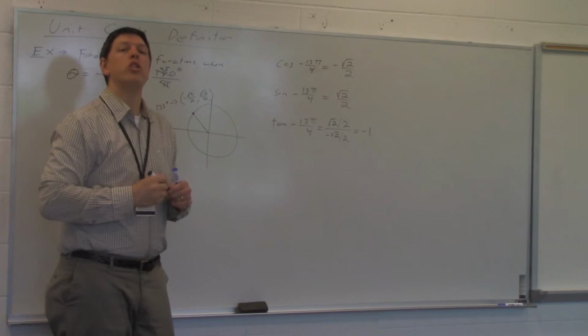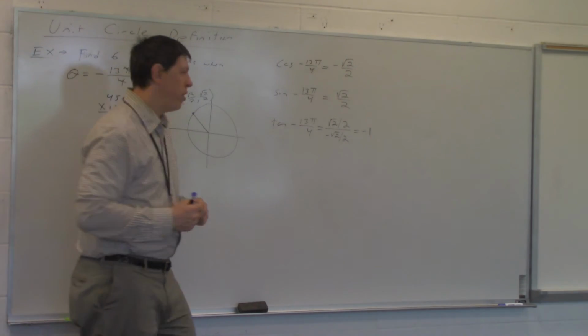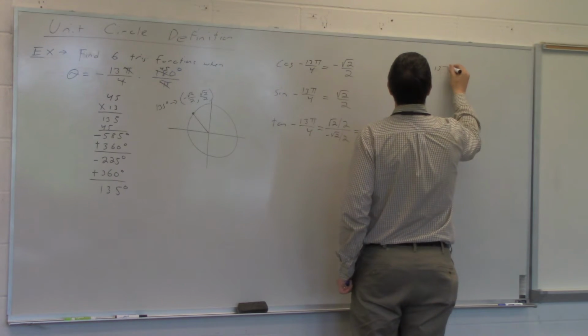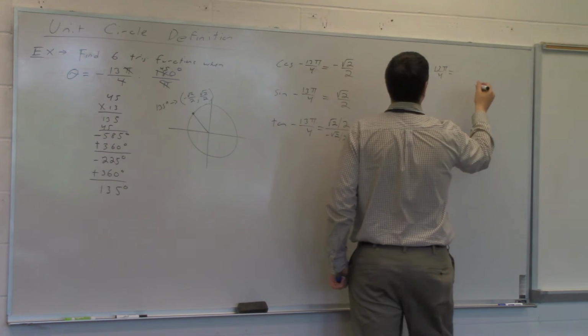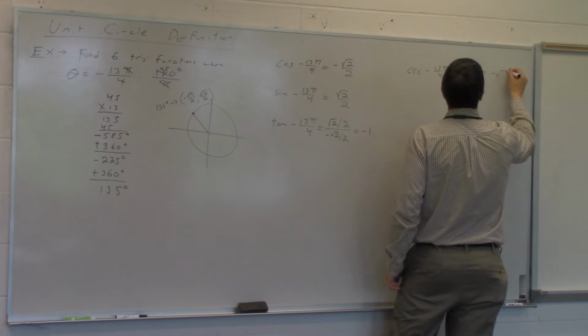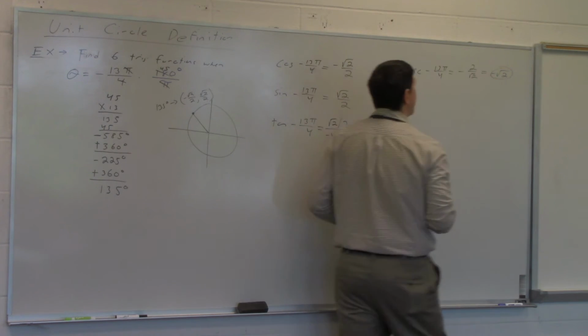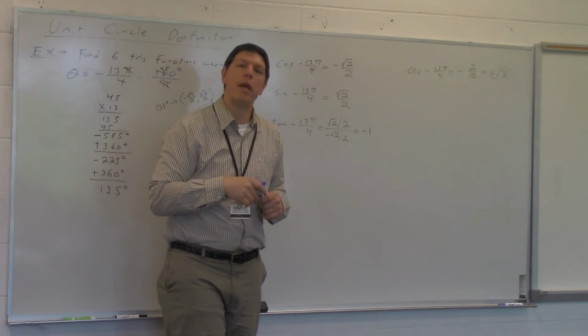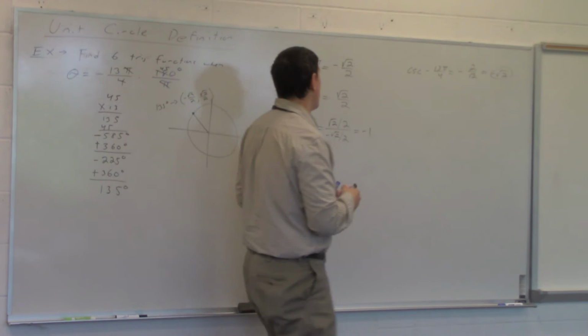The rest of them, we just find the reciprocals and we're done. So we end up with the cosecant of negative 13 pi fourths is negative 2 over root 2. If we were to rationalize it, we end up with a negative root 2. Go ahead and check to make sure you can do that for yourself.